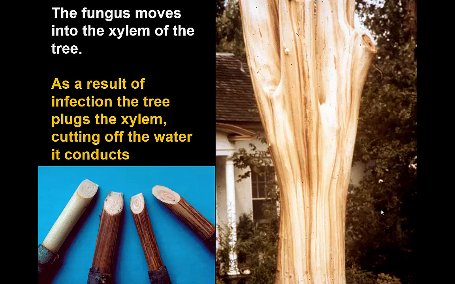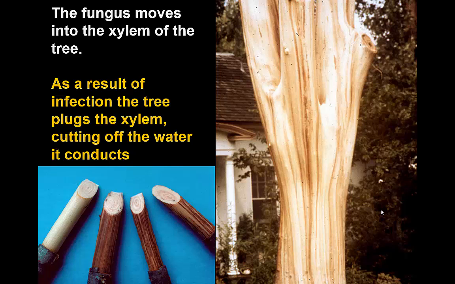Actually, the fungus itself doesn't block the xylem, but the tree's hyper response to infection will plug the xylem, and with the xylem plugged, water cannot move, and you get the progressive dying back of the limbs, and ultimately the whole tree. You also will usually see some sort of vascular discoloration in affected limbs and eventually even the trunk.